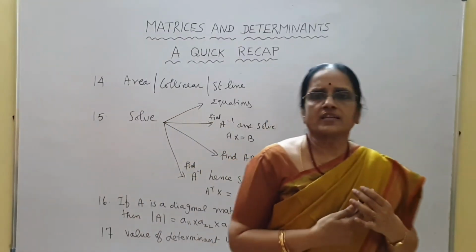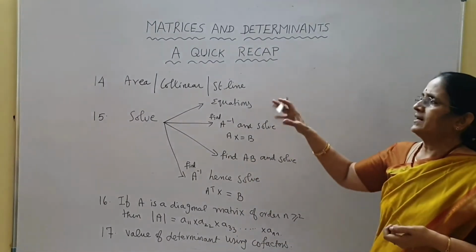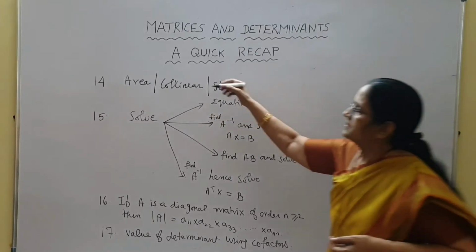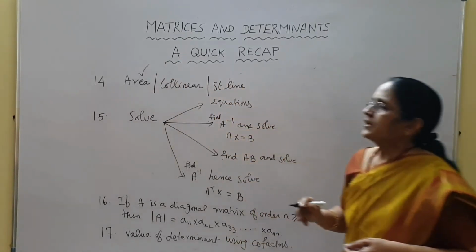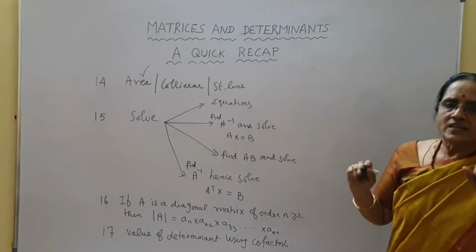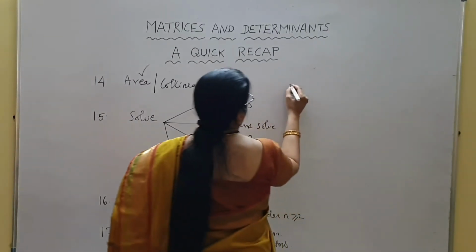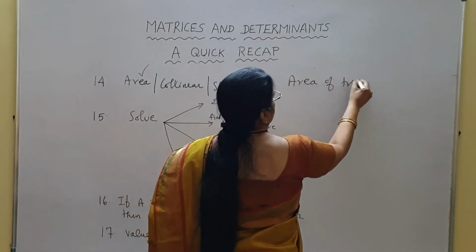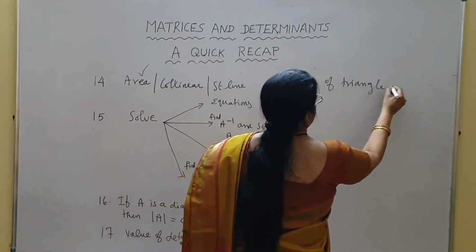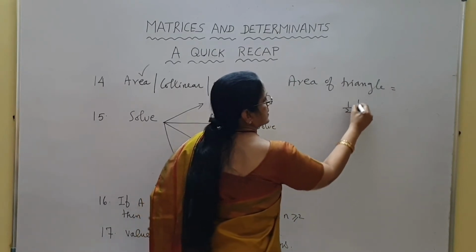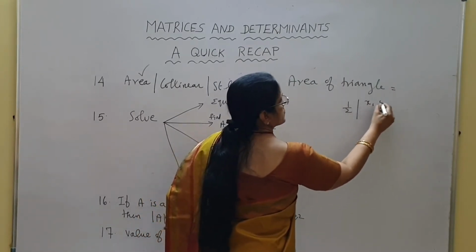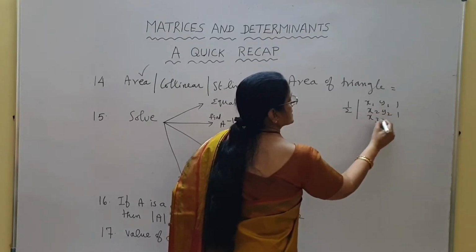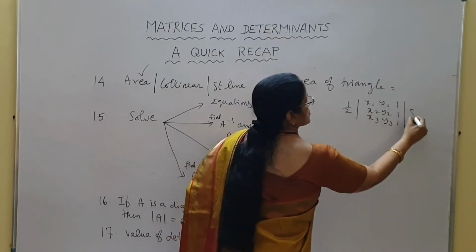Sometimes they may give you the 3 vertices of a triangle and ask you to find out the area using determinants. Immediately this formula should come to your mind. Area of triangle is equal to half of the determinant with rows x1 y1 1, x2 y2 1, x3 y3 1, square units.